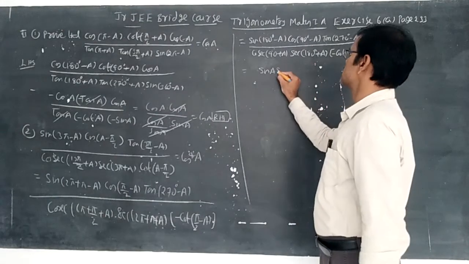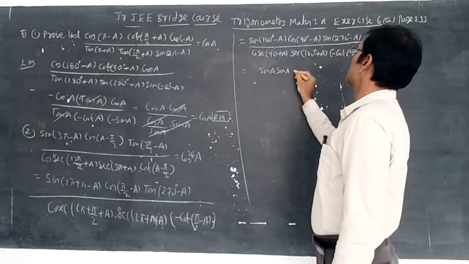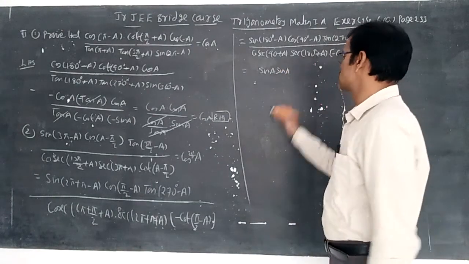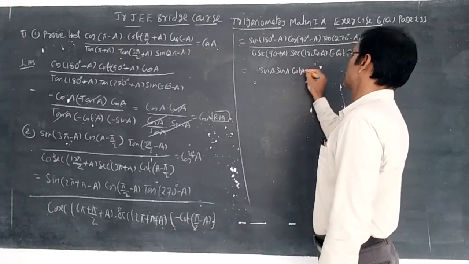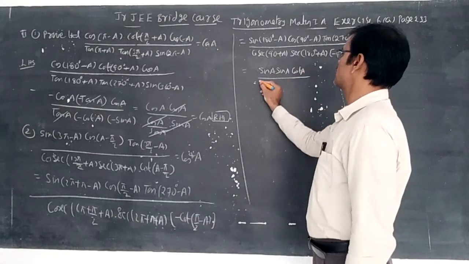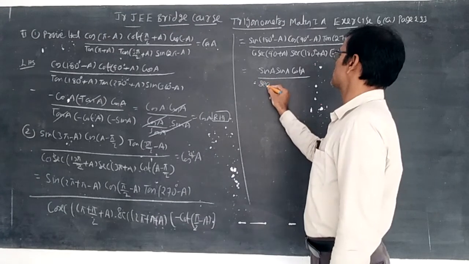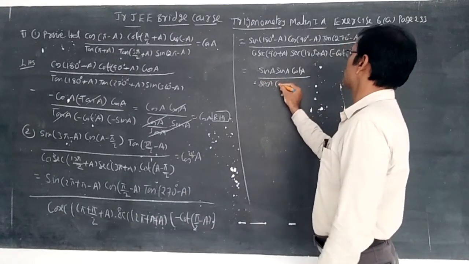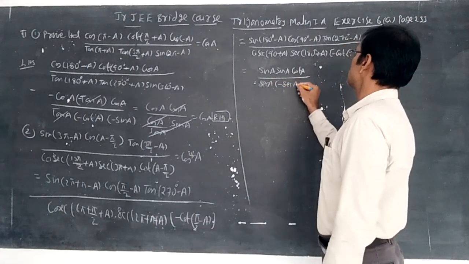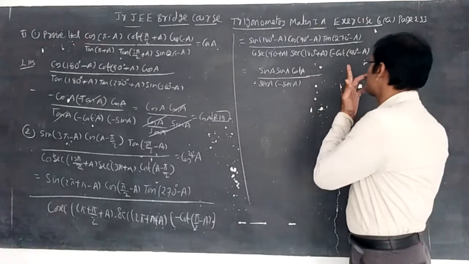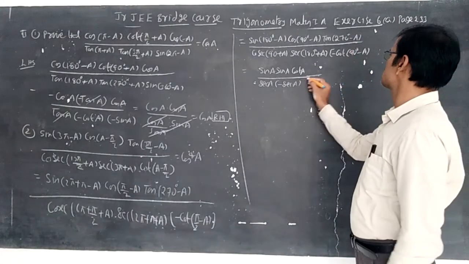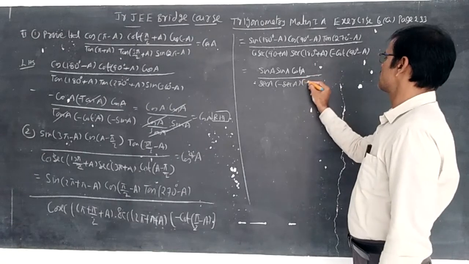Cos 90 minus A is sin A and tan 270 minus A is cot A, whole by cosec 90 plus A, it is secant. Secant 180 plus A means minus secant A.